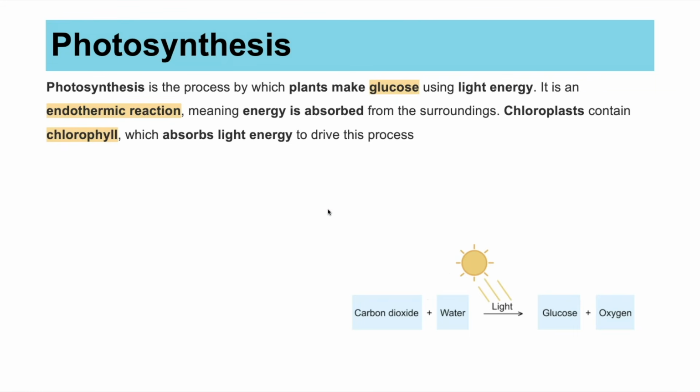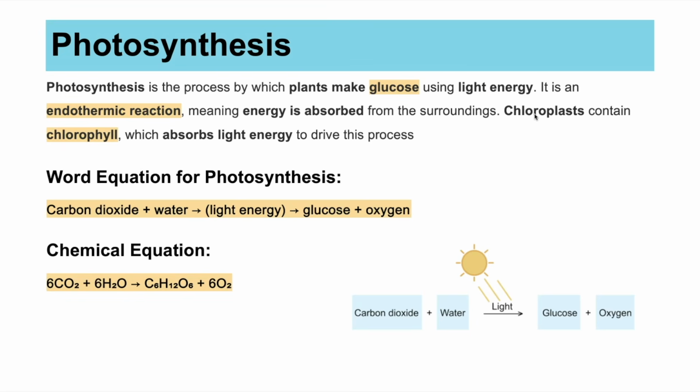This is a process by which plants make glucose using light energy. And because they're taking in energy, that is why it's an endothermic reaction, meaning energy is absorbed from the surroundings. And the way it can take in energy is, in the cells there are organelles or subcellular structures known as chloroplasts, and these contain a green pigment called chlorophyll, which is able to absorb the light energy.